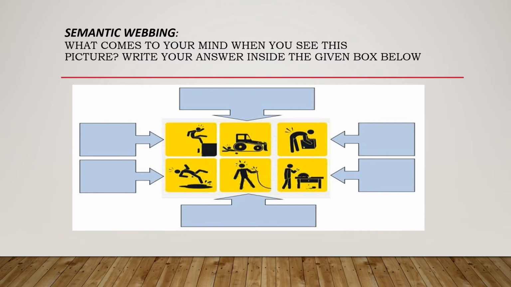Okay, so we have here a semantic webbing. What comes to your mind when you see this picture? You can write your answer in your notebook. One of the most useful things that we must learn in one's life is the importance of occupational health and safety procedures.